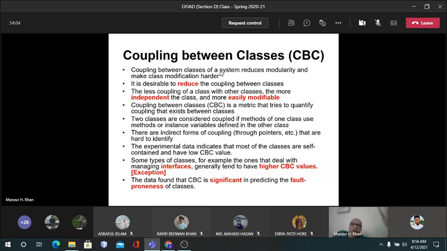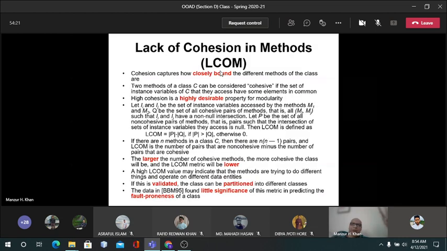So coupling between classes is a matrix that introduces a very important feature or attribute of a good system design. The last matrix from this lecture, LCOM, lack of cohesion in methods. I have seen many matrix, OO or general software engineering matrix.